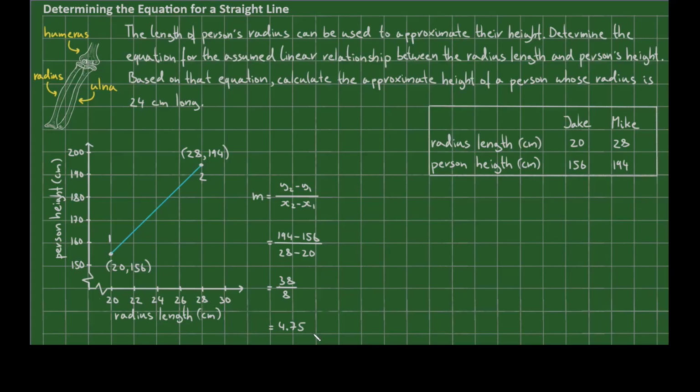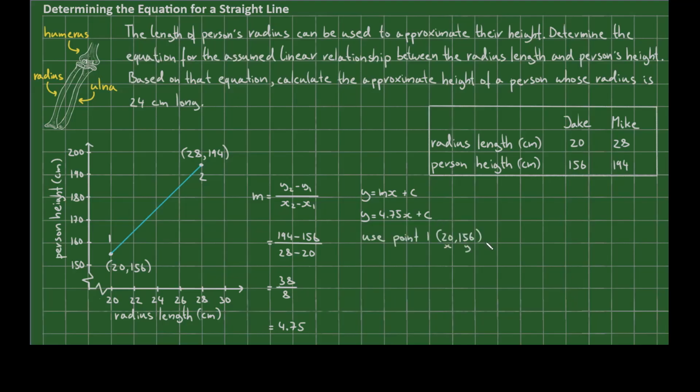Now that I have the gradient for this line, I can calculate the y-intercept. I'm going to start with the general equation for any straight line. Seeing how I already know that the gradient is 4.75, I can write y equals 4.75x plus c. To solve for c, I need some values for y and x. I'm going to use point 1 simply because the values are lower.